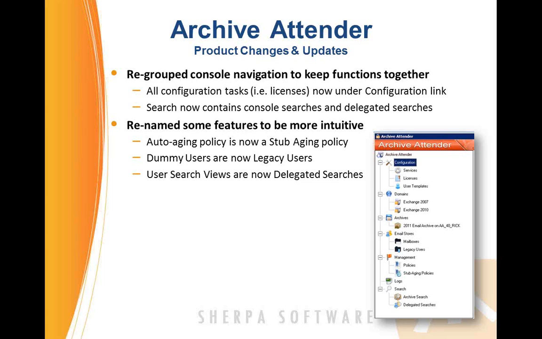As you know, dummy users were users who did not have a valid Active Directory account, typically historical users who we were importing PST data for, and we felt legacy users was a much more appropriate term, a lot more understandable. And user search views have now been renamed as delegated searches. That's kind of how people thought of them. How do I delegate the ability for a manager to search his employees' archives and so forth? So delegated searches seem to make a lot more sense there.